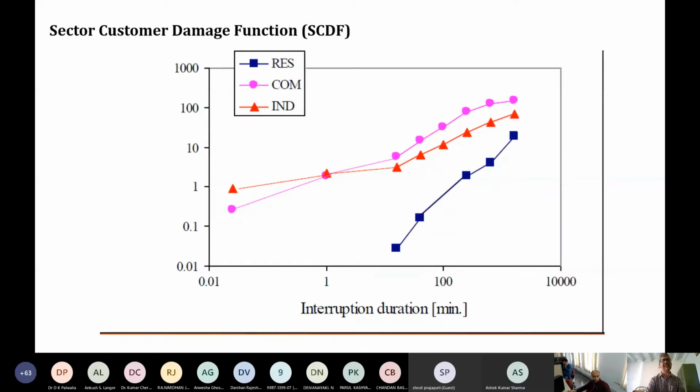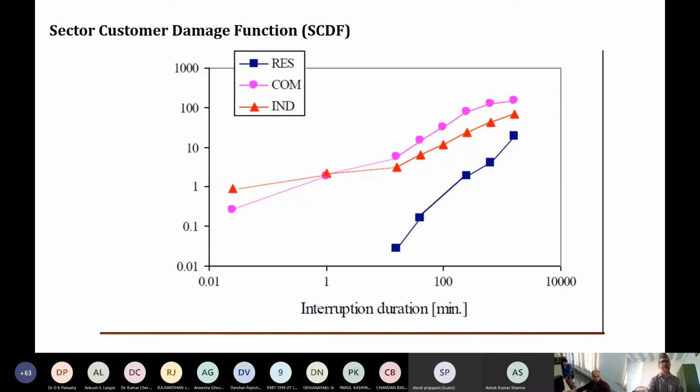Now, this is a typical example of a Canadian customer survey that was carried out in 1991. That was a large scale exercise carried out by the pioneering institution in Canada for this type of study.